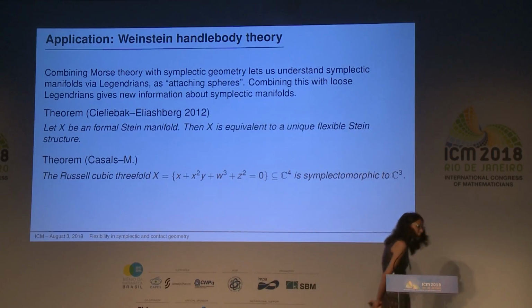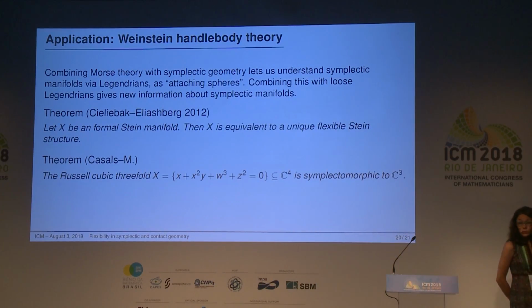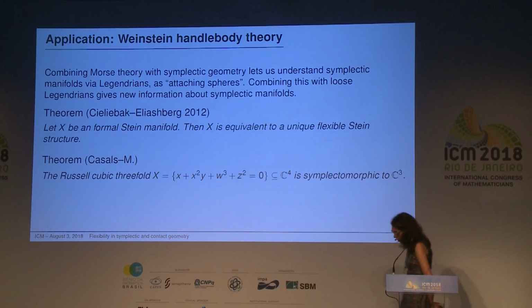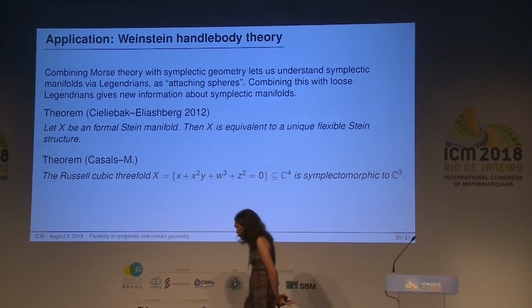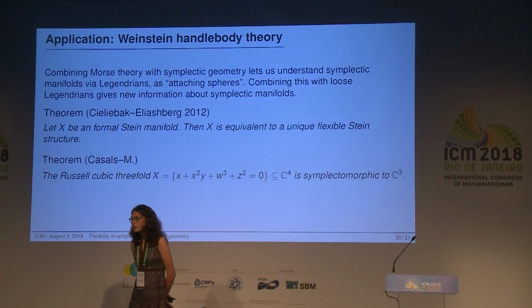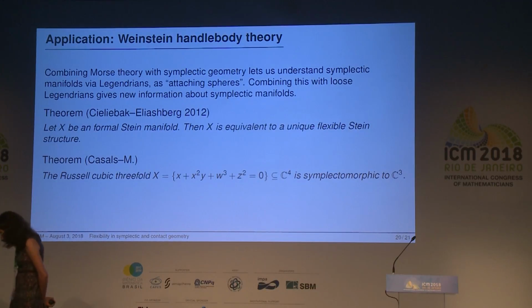Using this flexibility theory, we're able to prove that, in fact, it's not only diffeomorphic, but symplectomorphic to C3. Still an open question, which I think is very interesting, is we don't know whether or not this manifold is biholomorphic to C3.